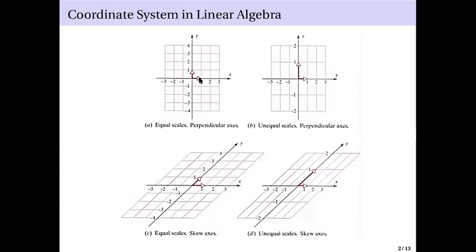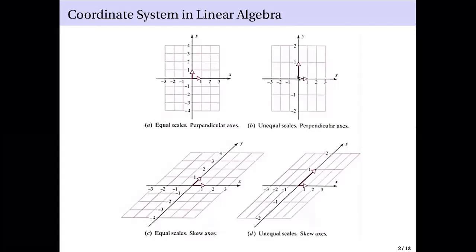Okay? And we call this vector here i, and we call this vector here j in the two-dimensional coordinate system. Okay? In the usual two-dimensional coordinate system.